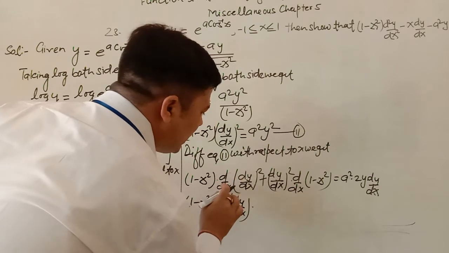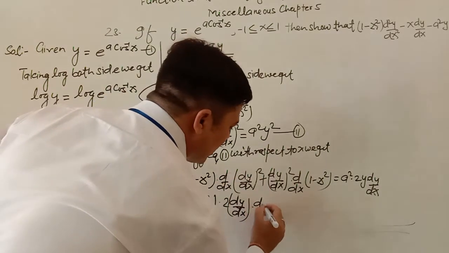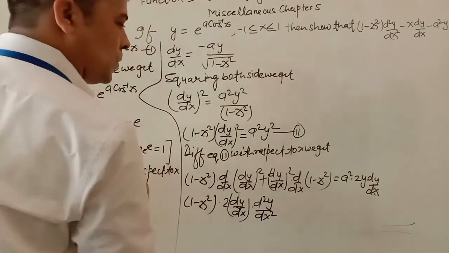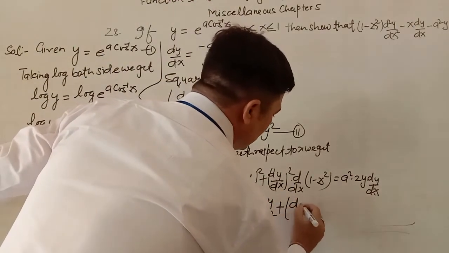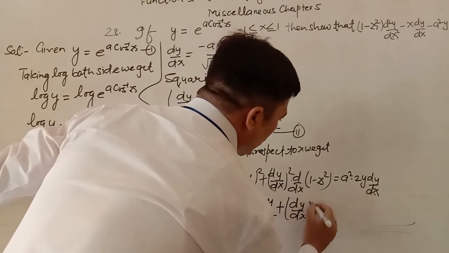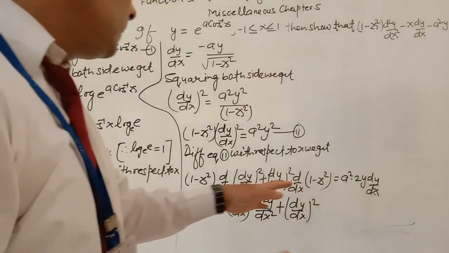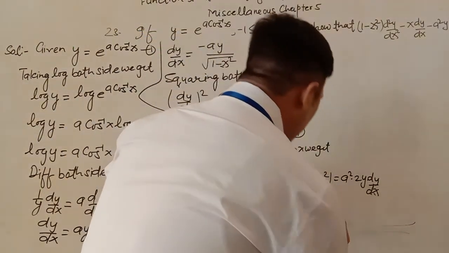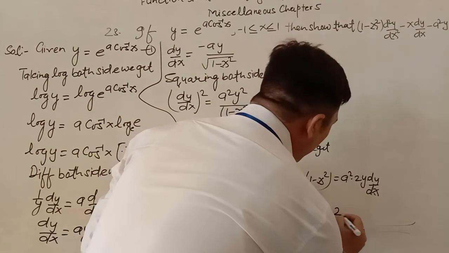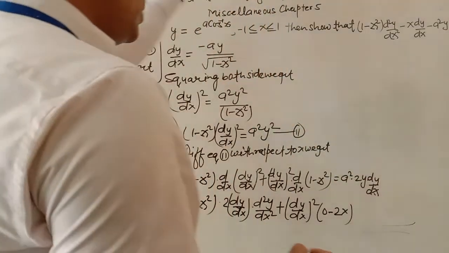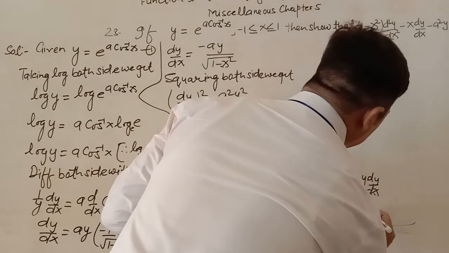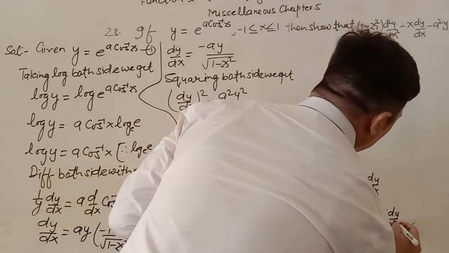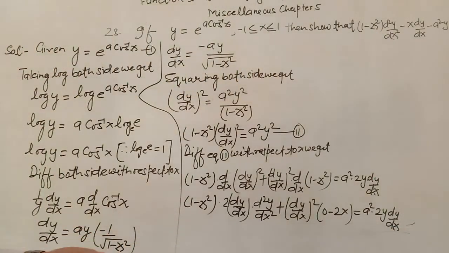Again taking out d by dx of dy upon dx, this gives you d2y upon dx2, plus dy upon dx whole square, and d by dx of 1 minus x square gives you 0 minus 2x, and it is all equal to a square into 2y dy upon dx.